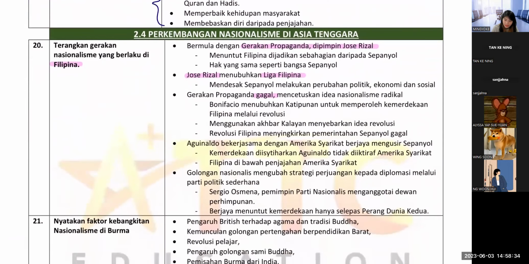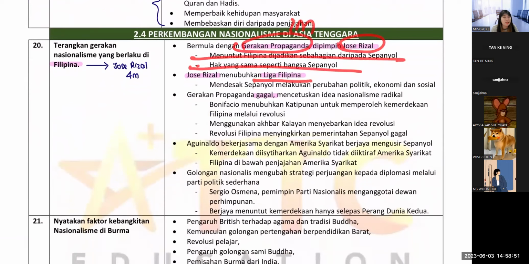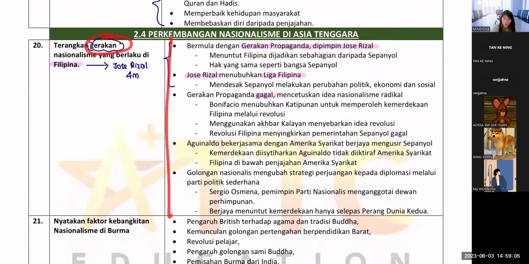This one can be asking about only Jose Rizal. Then you give 4 marks, because for Jose Rizal from Gerakan Propaganda you get 1 mark, then the Huraian 1 mark, and another Huraian 1 mark, and then Liga Filipina another 1 mark, and the Huraian 1 mark. So Jose Rizal alone gets so many marks. But if the whole Gerakan is the whole question, then it will be 8 marks.